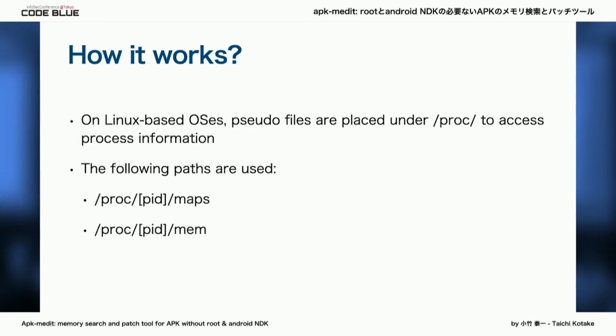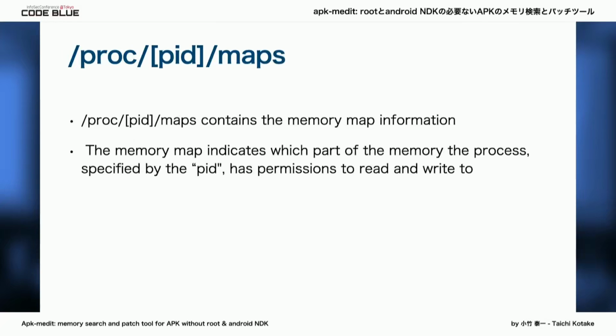APK medit uses proc PID maps and proc PID mem. Proc PID maps contains the memory map information. The memory map indicates which part of the memory the process specified by PID has permission to read and write to.